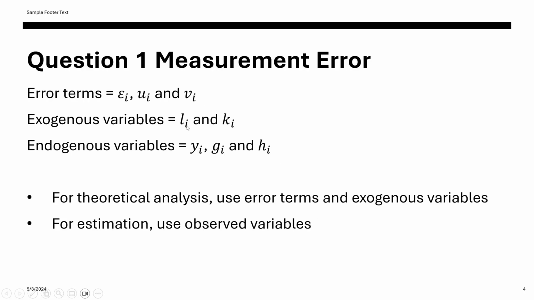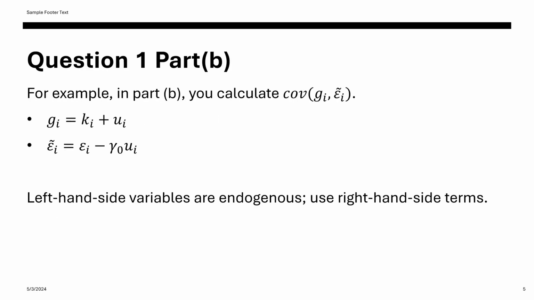Okay, so in that case, you may utilize endogenous variables in your computation, obviously, right? So you use those you observe, but K is not observed. So for estimation, you only use L, Y, G, H. So depending on what you are doing, you have to use the correct variables, correct expressions.